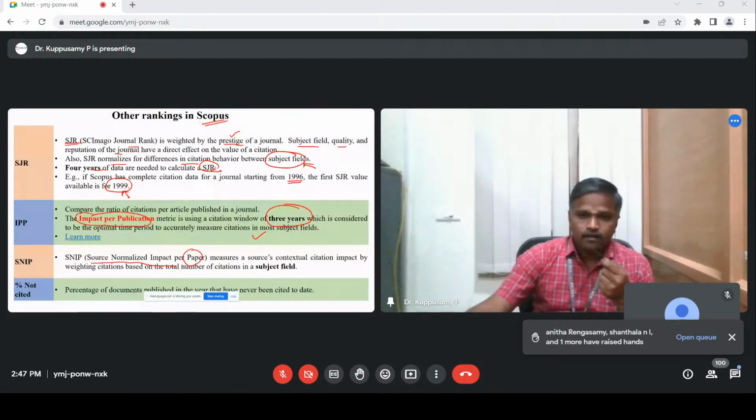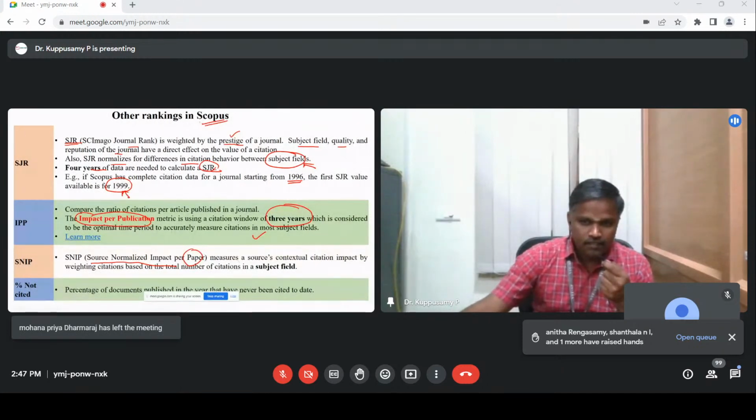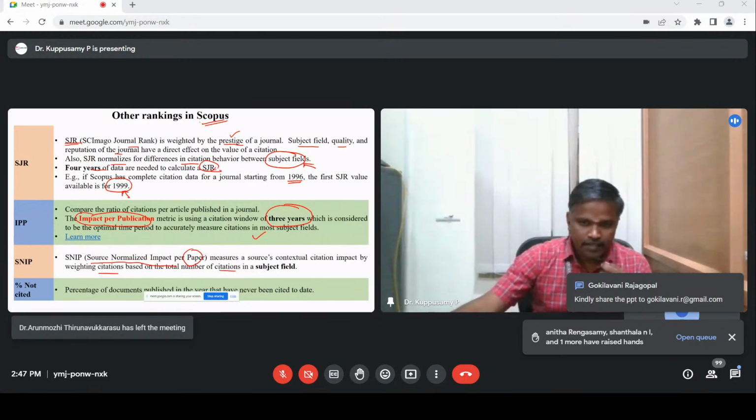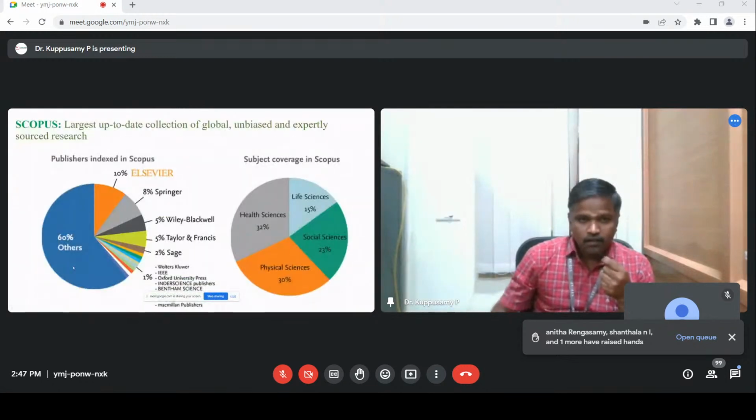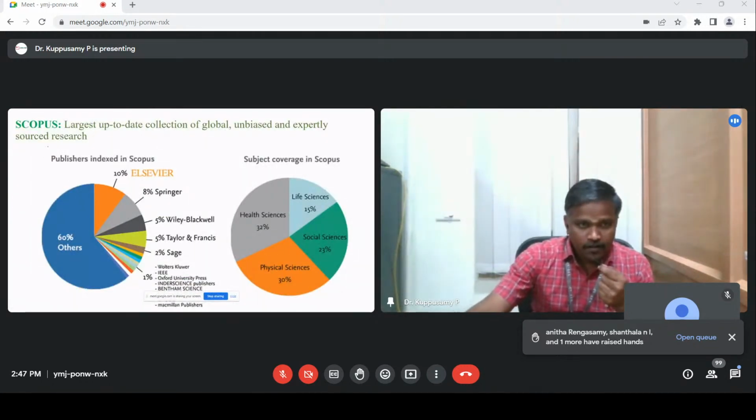Here it shows the citations based upon the total number of citations in a particular subject domain. This is indicated by SNIP, which is available in Scopus. I will show you here.